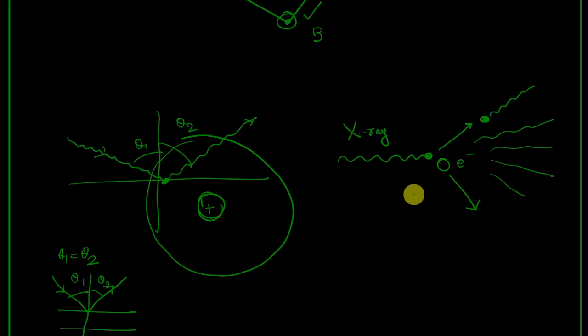That only happens because if theta 2 is not equal to theta 1, and this is also a light, the blue light, so I'm drawing it with a blue line, the blue light and the green light will not constructively interfere for any angle of theta. It can be mathematically proven, and I think we have also discussed in the earlier videos that theta 1 has to be equal to theta 2 so that there is constructive interference between the green light and the blue light.